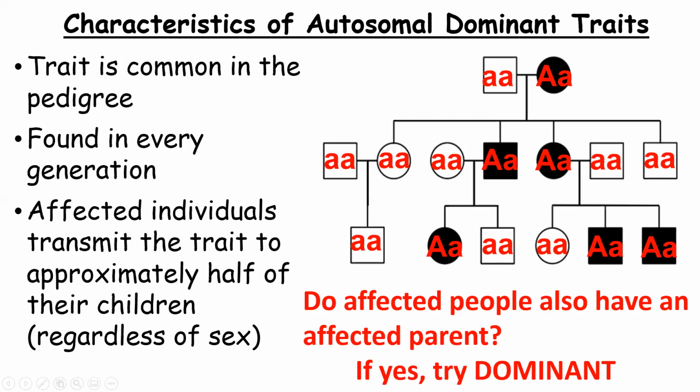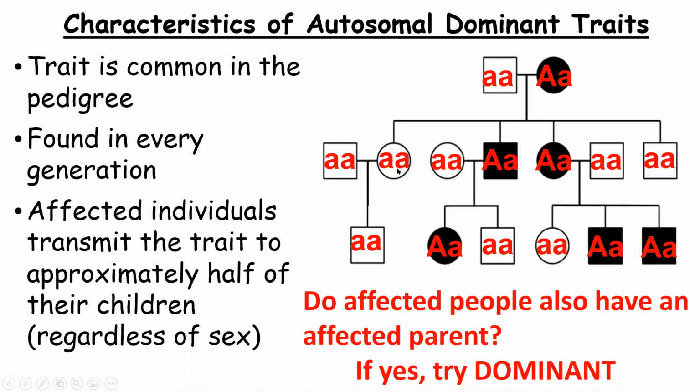Okay, so these two boys down here are showing the trait, so they have a dominant allele, but they got that from their mother, and from their father, they must have gotten a recessive allele because he does not show the trait. Okay. And then since we see boys affected and girls affected evenly, we're also realizing this is probably still autosomal as opposed to sex-linked.